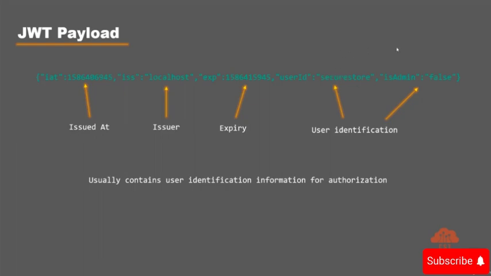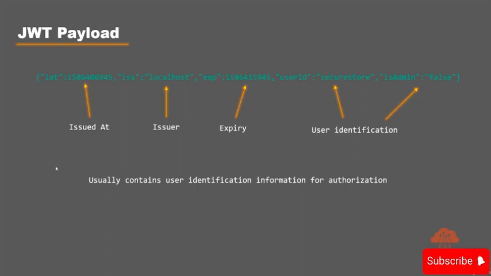This is the username, and it also says whether this user is an administrator or not. Since isAdmin is set to false, this user is not an administrator. So what it essentially means is once the signature part, which follows this payload part, is verified to be valid, this user secure store will have access to the resources that he is requesting.